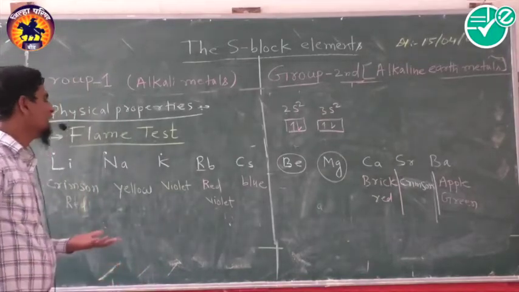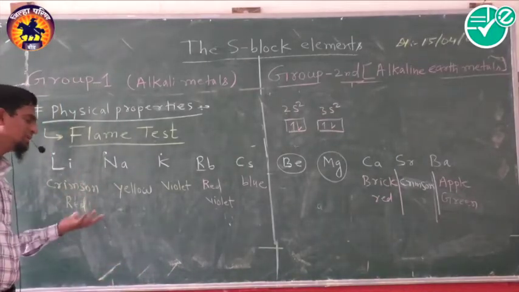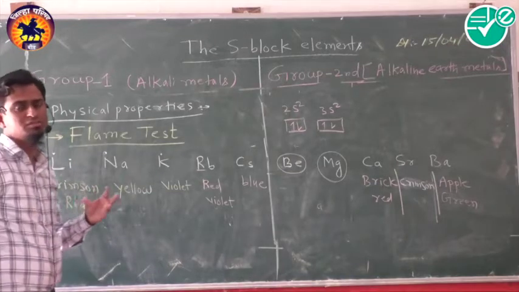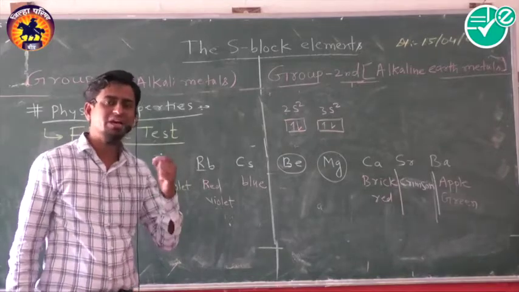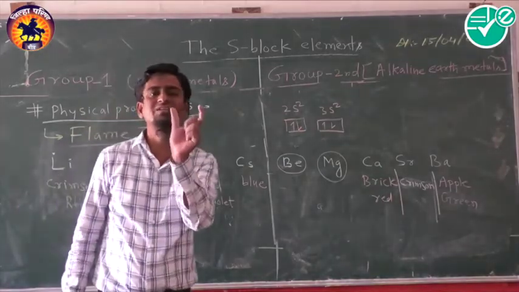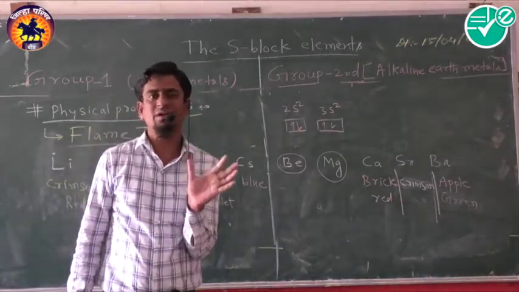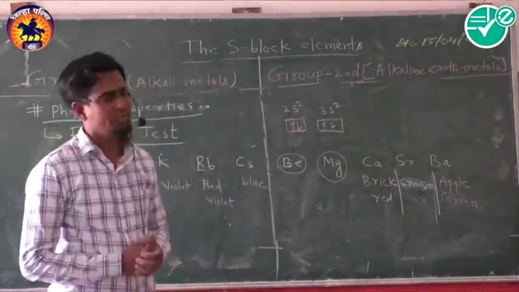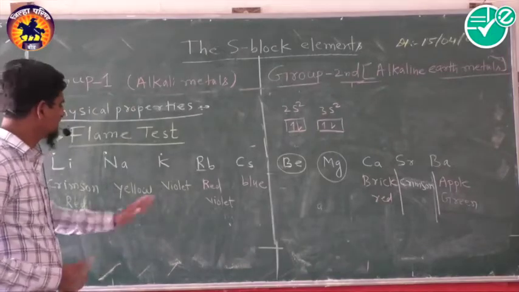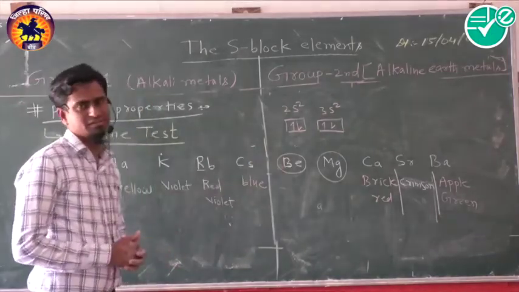That's why we are able to see color. We are able to see only the visible radiation range, not the IR or ultraviolet region.